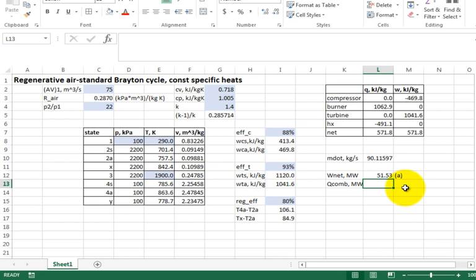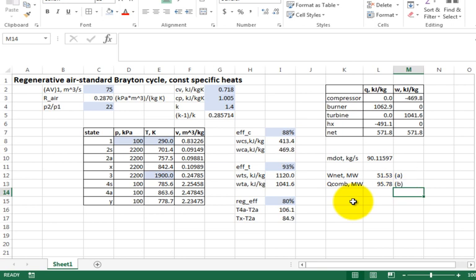That's our heat transfer. It's going to be our m dot times the specific heat transfer for our combustor or burner. That right there, and we want it in megawatts. And so there you go. So to get 51.5 megawatts of power out of the cycle, I have to supply 95.78 megawatts of thermal energy in the combustor.